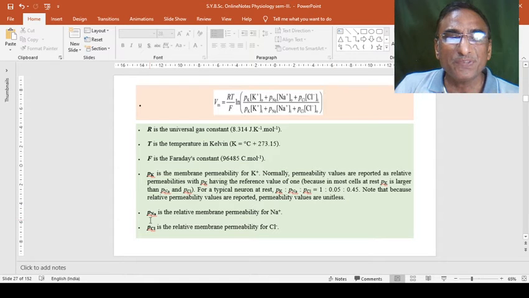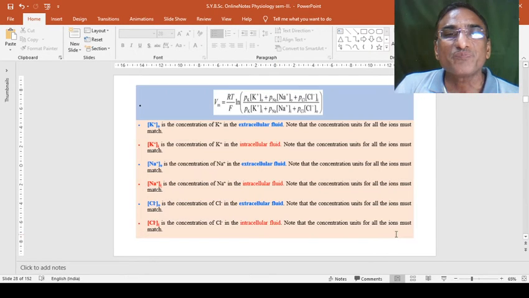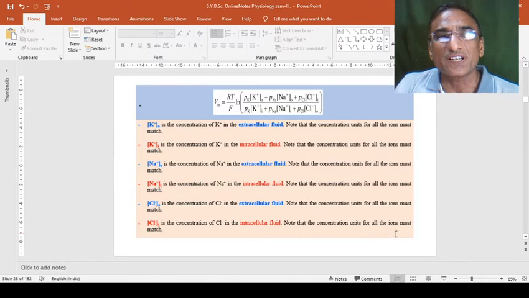So PNa is the relative membrane permeability for sodium ions, and usually PCl is the relative membrane permeability for the chloride ions. So PCl is to be reported. Now in this formula we have seen sodium, potassium, temperature, Faraday's constant, permeability, everything we have studied.